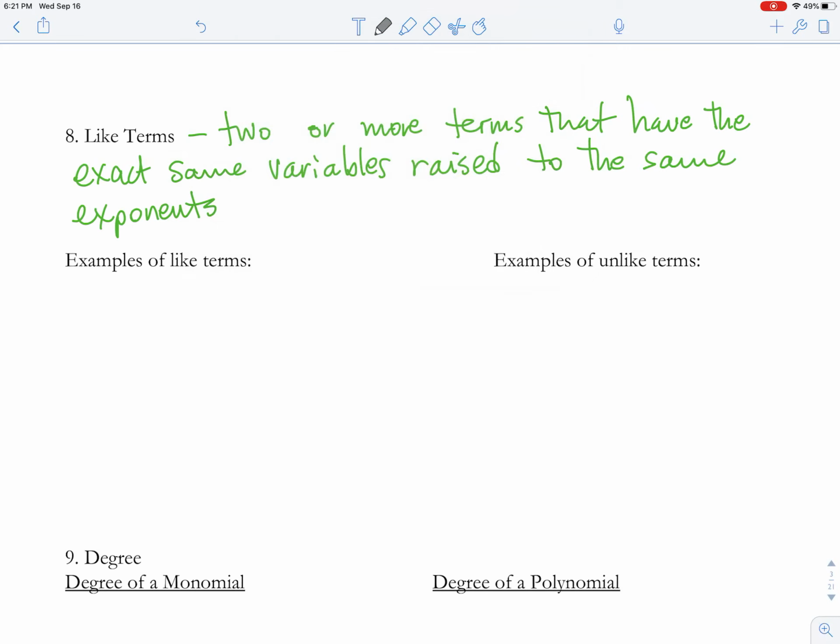So just reminding you that the variables are the letters. So examples of like terms.